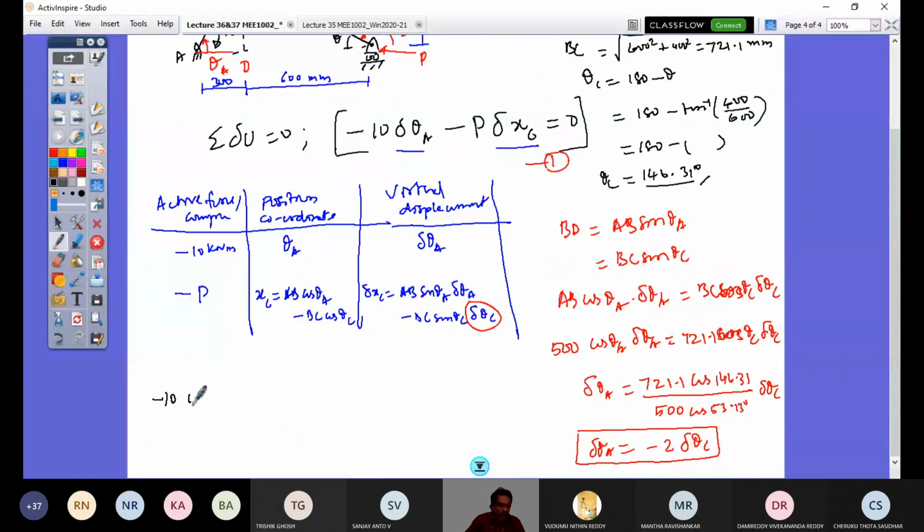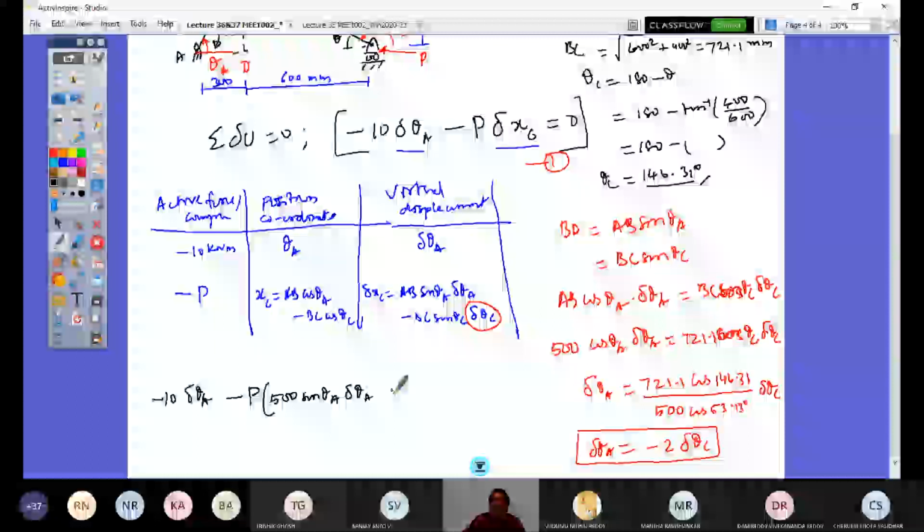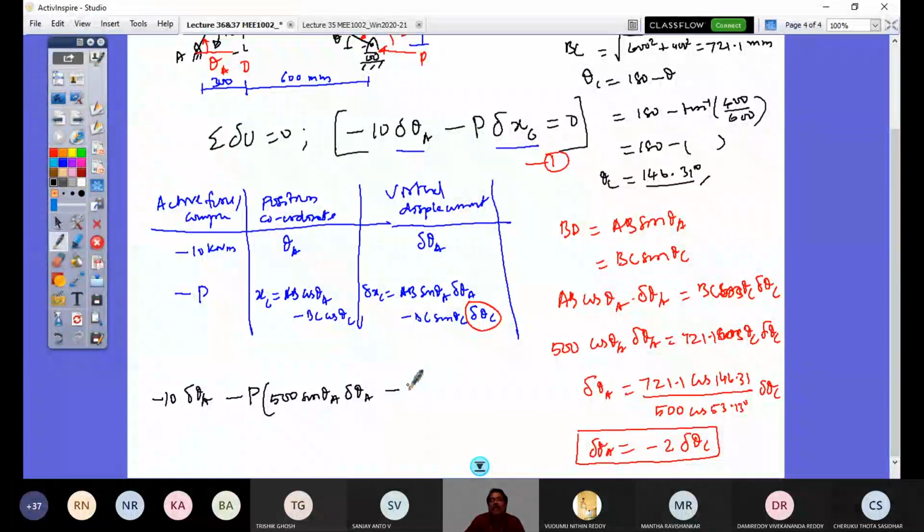So delta XC is now 500 sine theta A into delta theta A minus BC, 721.1 sine theta C, into delta theta C. This delta theta C is what I will replace by minus 0.5 delta theta A. That's equal to 0.